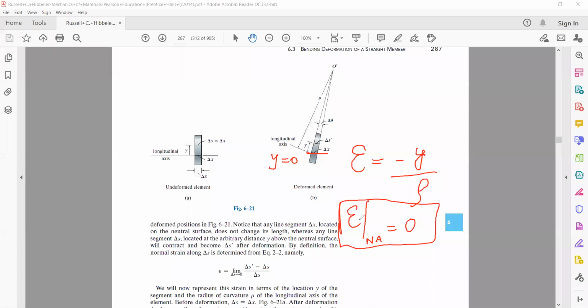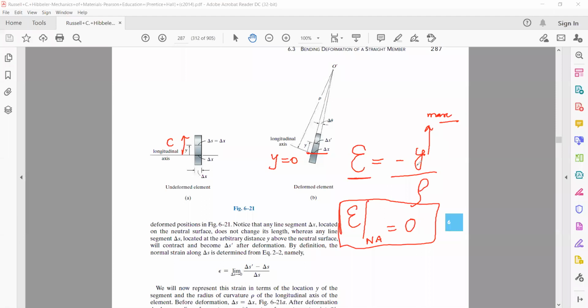Okay, now if, for example, this is a rectangular cross section beam, then let's suppose this is the distance c. Then this strain will be maximum when the value of this y is maximum.